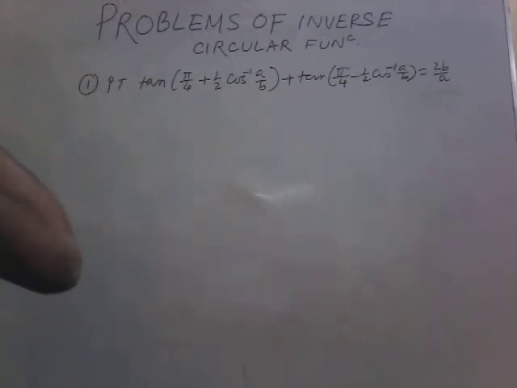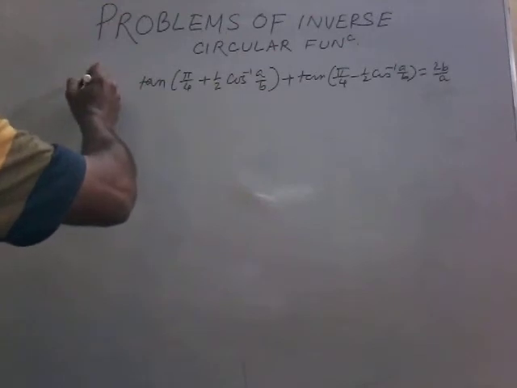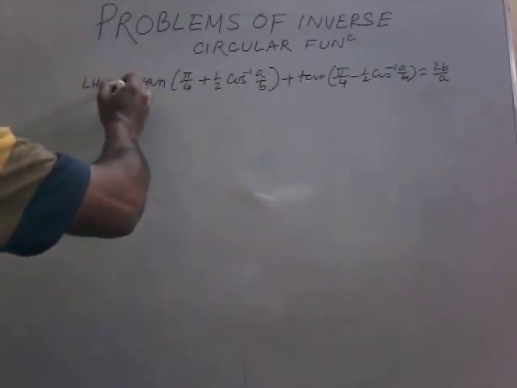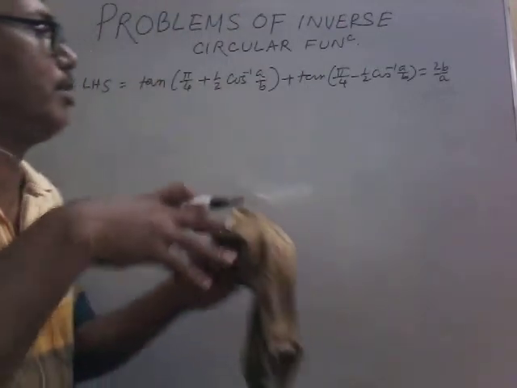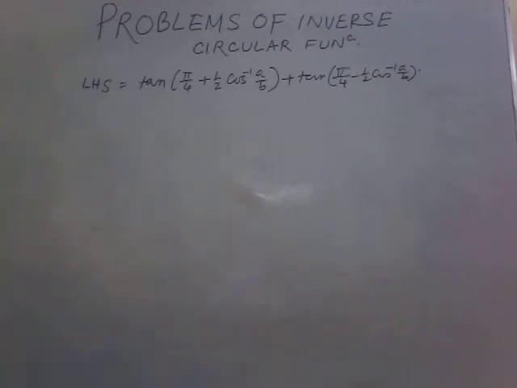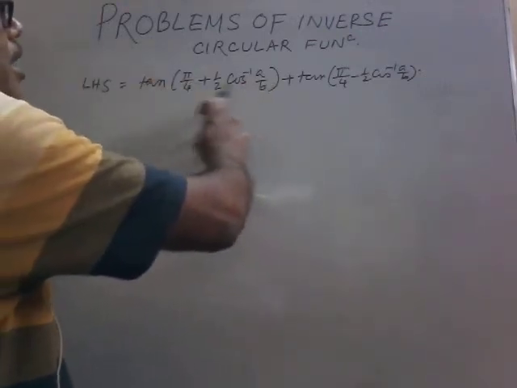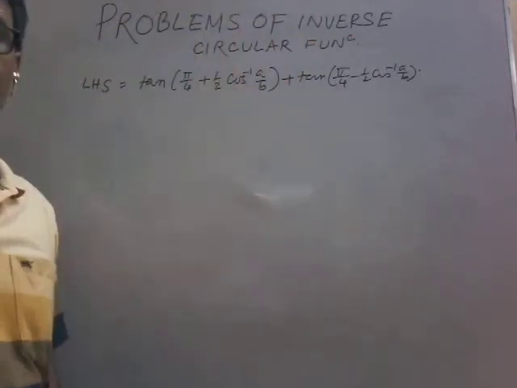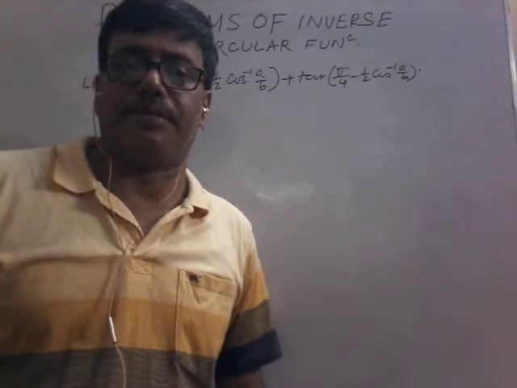Look, to solve this, consider the left hand side. Now, if you consider this as A, tan A plus tan B, no need of the idea of inverse circular functions at the beginning.